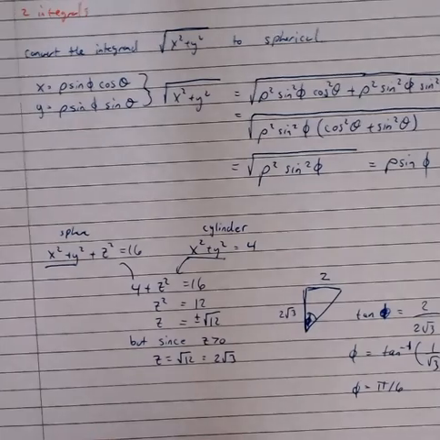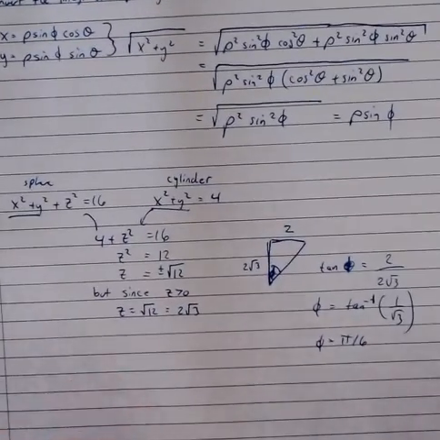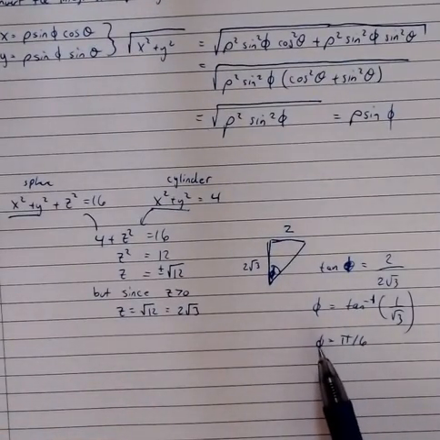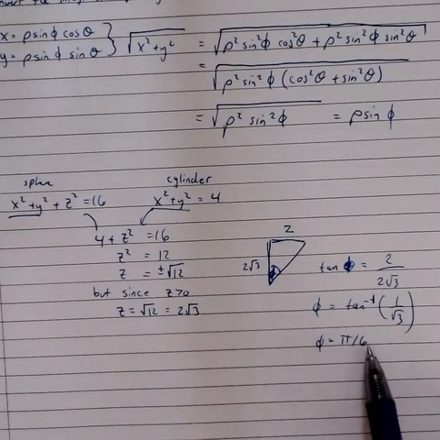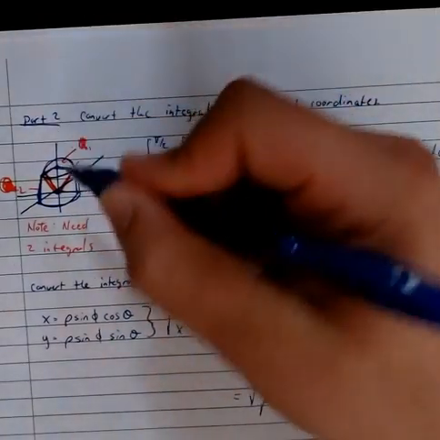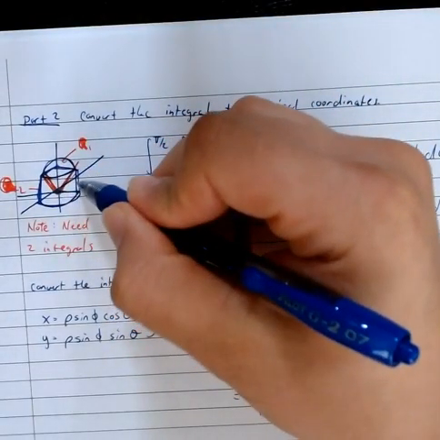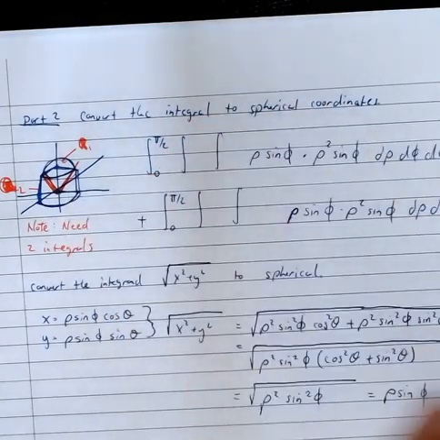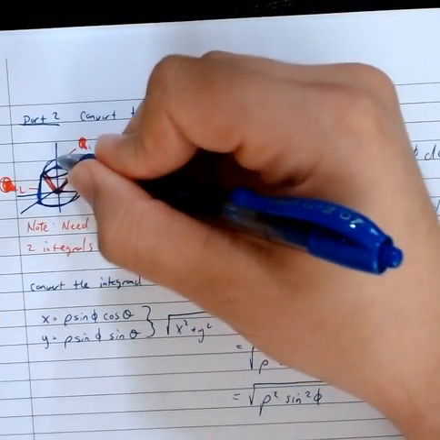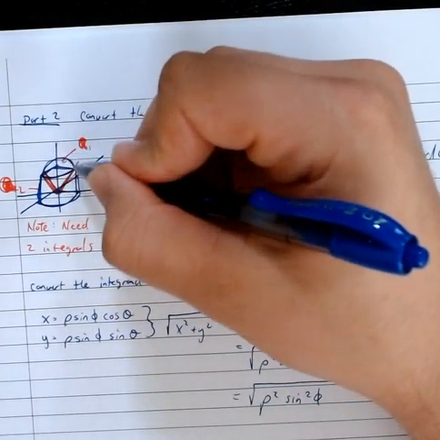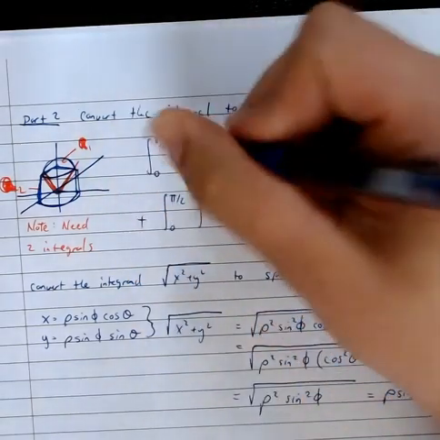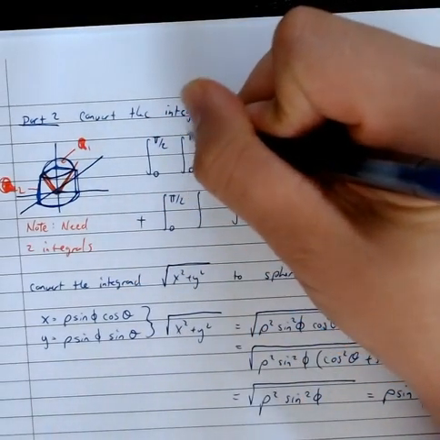Then that means that at the angle phi equals pi over 6, that's where my picture splits up. That's where I transition from having this part of my object to having this part of my object down here. So then this object is going to go from 0 to that pi over 6. Okay, so Q1 is from 0 to pi over 6.